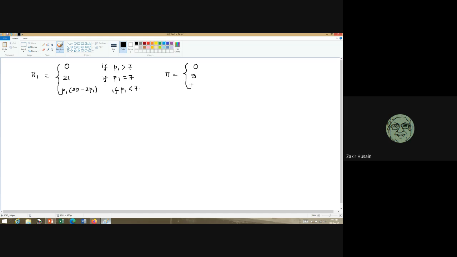And his profit will be... When we are deriving this, remember that epsilon tends to 0. So these are for the limiting case. There should be an epsilon over here, but epsilon is so small, it's almost 0, so that we can ignore epsilon. Is it clear?